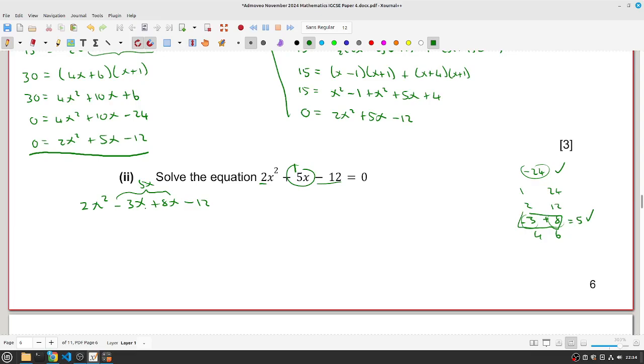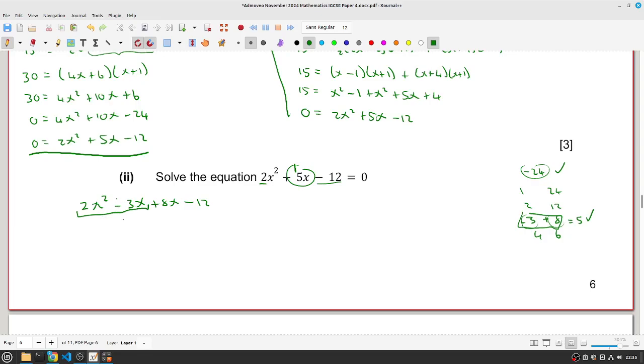Okay, does that make sense? Negative 3x plus 8x is also 5x. We just want to write it this way because then our factorization will work very well. I'm just going to erase this to make it a little neater. Okay, so we do grouping. I always group the first two together and then the last two.